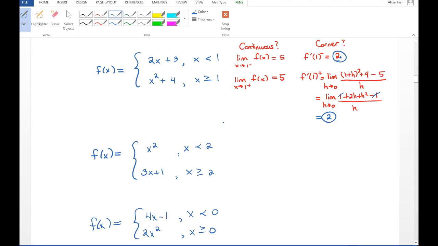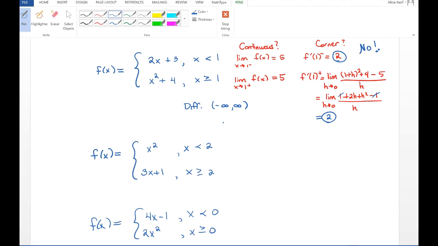What does that mean? It's differentiable from negative infinity to positive infinity. So this one is no corner because it came out to be the same. So that's kind of our third possibility. If it's continuous and the derivatives are the same, then it's differentiable on the whole thing. Then we're good to go.